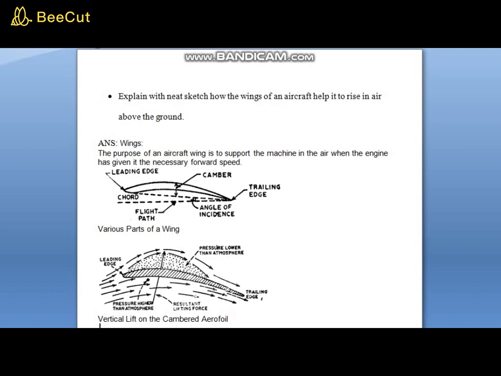The purpose of an aircraft wing is to support the machine in the air when the engine has given it the necessary forward speed. See, this is the thing.